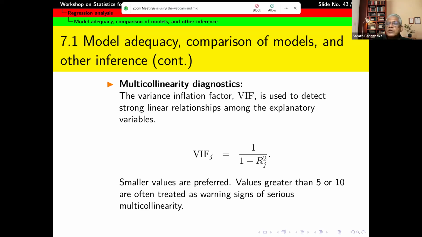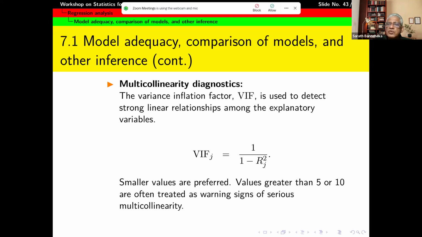Right? So, in order to check whether multicollinearity exists, we have to look at something called variance inflation factors, denoted by VIF. So, if VIF values are larger than 5, then we say mild multicollinearity exists. If it is greater than 10, we say severe multicollinearity exists.